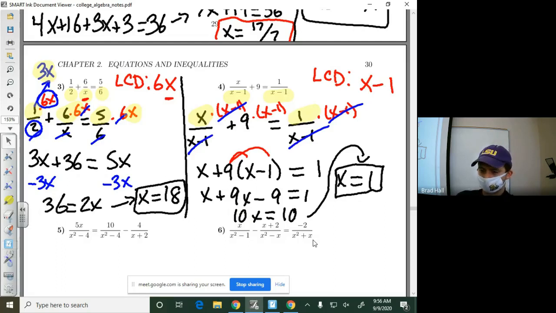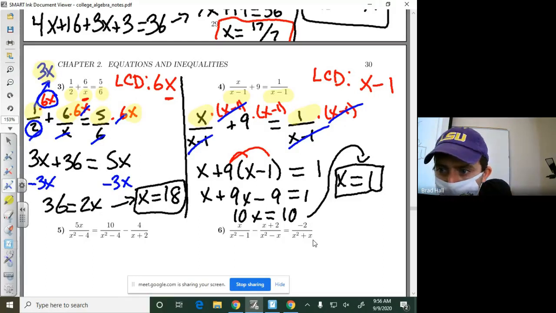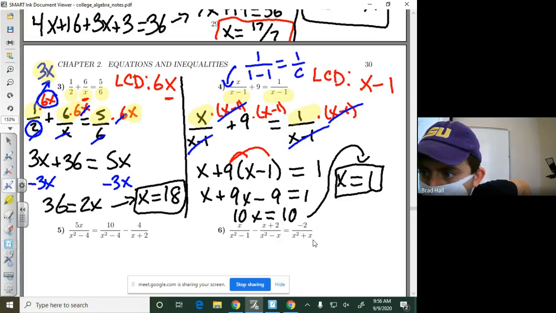In the previous problem, we didn't have to worry about this because we had x is equal to 18, and 18 going into the x position would not result in 0 in the denominator. So naturally, this x is equal to 1. If we were to plug that into, say, this fraction over here, we would have 1 divided by 1 minus 1, which is 1 divided by 0.